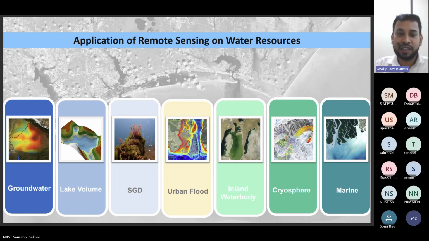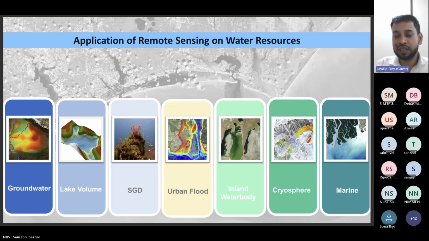So as I said, there are many applications of remote sensing technology in water resources. Here I have listed a few of them. We can apply this technology to assess the availability of groundwater. Similarly, we can quantify lake water volume. And SGD is submarine groundwater discharge, which is one of the major pollutants for water quality in the marine environment.